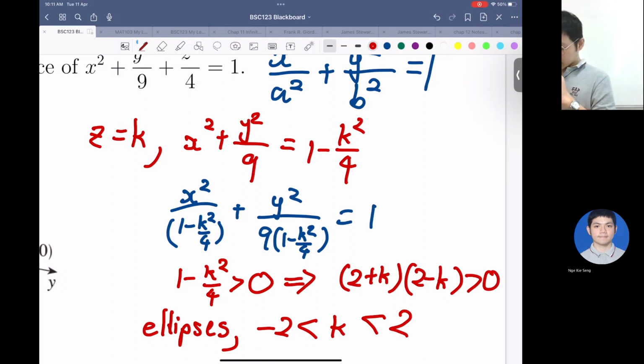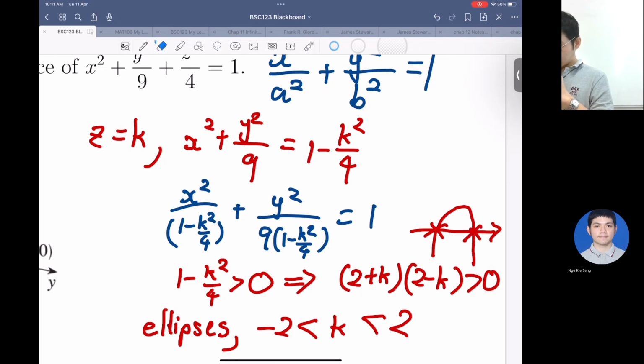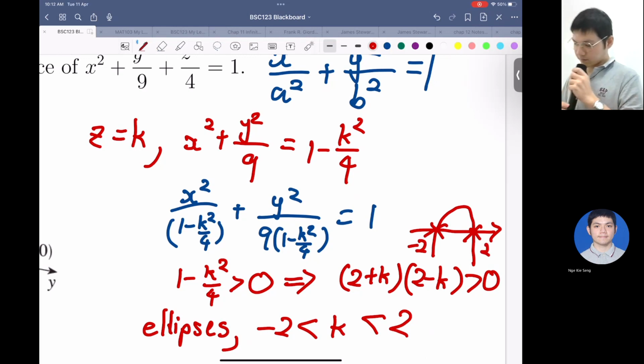So how to solve this? You need to draw the right picture, with minus 2 and 2. Something greater than 0 is inside here. Does everyone recall this method? Okay.